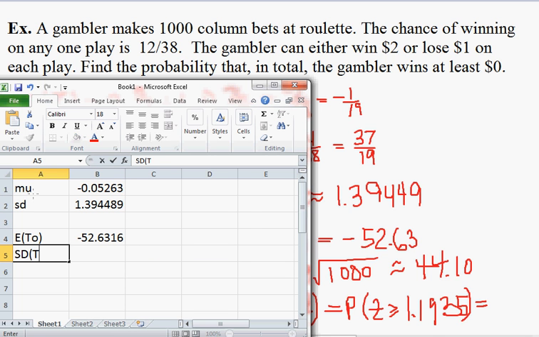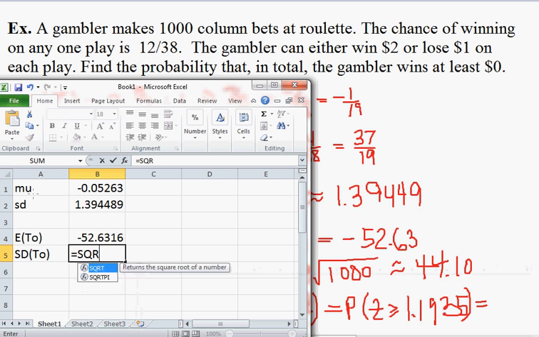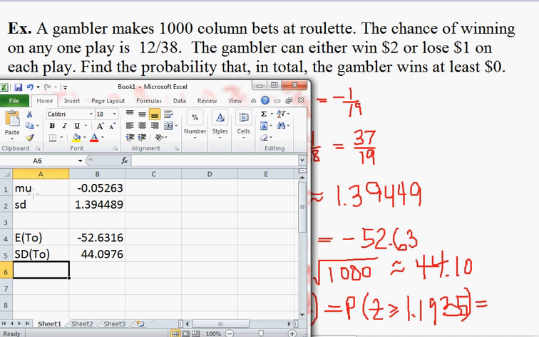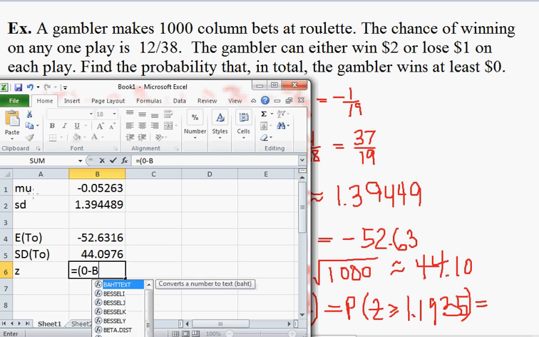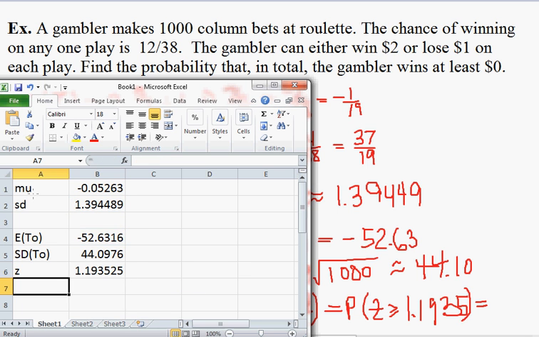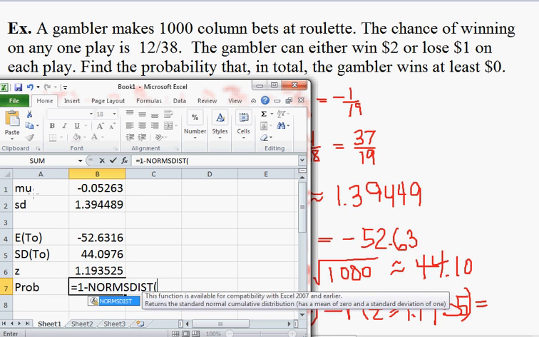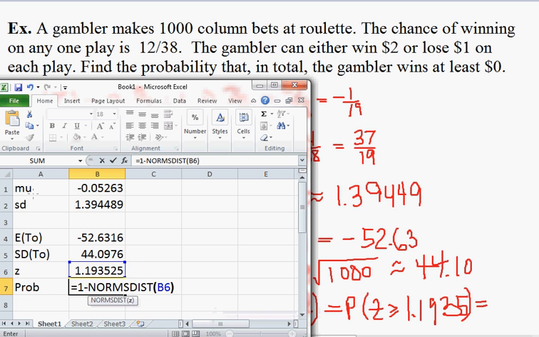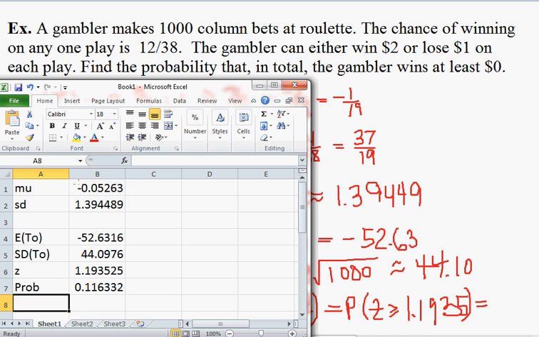The standard deviation for the sum was the square root of 1,000 times sigma. And so the z value works out to be 0 minus the expected sum divided by the standard deviation, for 1.1935. And so the probability of this happening will be equal to 1 minus NORM.S.DIST of that number, which works out to be 11.63%.